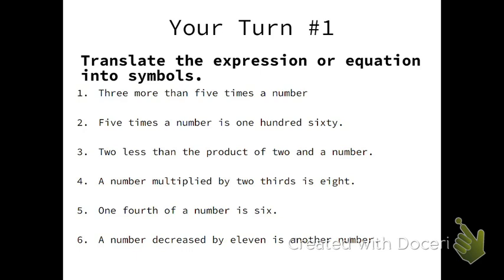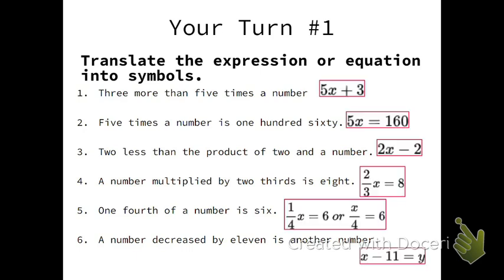All right, so now that you've had a chance to try these, here are some possible solutions. Now you may have possibly written them slightly different. So for example, in number 4, 2/3, maybe you wrote that as 2 divided by 3.